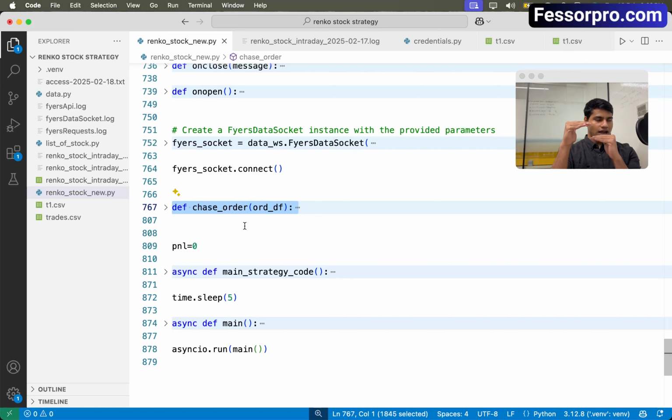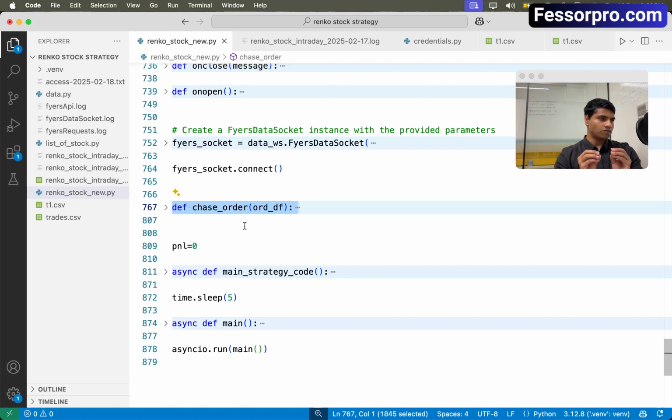So what I'll do, after every 5 seconds, I'll move my 100 by 10 cents toward the market price. So if my limit order is 100, after 5 seconds it will be updated to 100.1, then 100.2, then 100.3. I'm going to do this after every 5 seconds. Eventually my limit price will reach the current price and the order will get filled. So this is called order chasing.